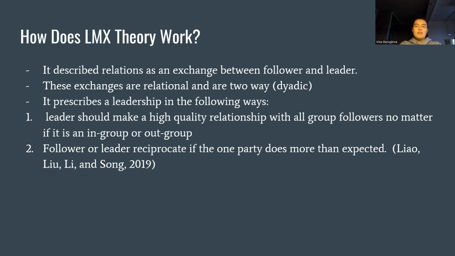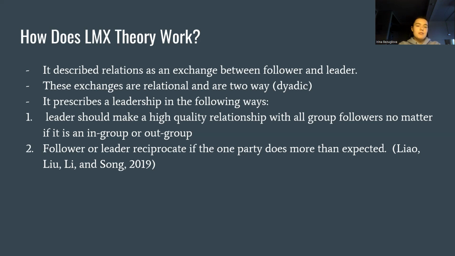So how does this theory work? It is descriptive and it is prescriptive. So it is descriptive in a way that it says that there is an exchange of something, information, emotion, development between the follower and the leader. And these exchanges are relational. And they are two-way, which means that they are dyadic, kind of what we've mentioned before.